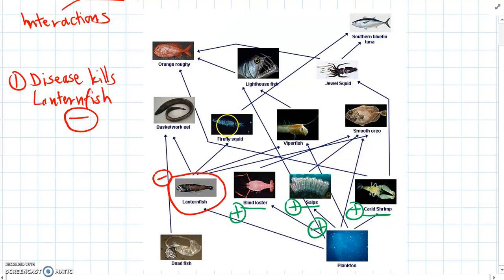Then if we look higher up the food web, the eel and the squid and the viperfish, and this fish here as well, they all used to eat the lanternfish. So if there are fewer lanternfish, suddenly these second order consumers will have less food to eat, and their numbers will probably go down in the ecosystem.